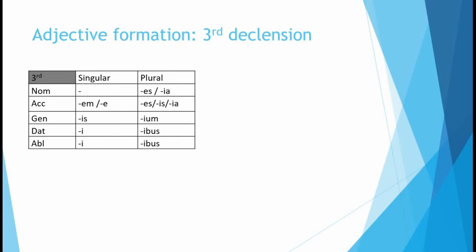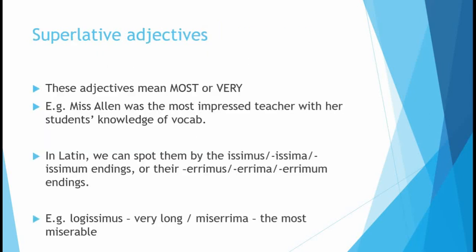We've got ibus endings for the dative and ablative plural, and ia, is, as, and so on for the other endings. It's just something worth you being aware of, just so that you don't get tripped up on it, okay? Don't worry about it too much though. It's not like I'm asking you to learn this off by heart, okay?